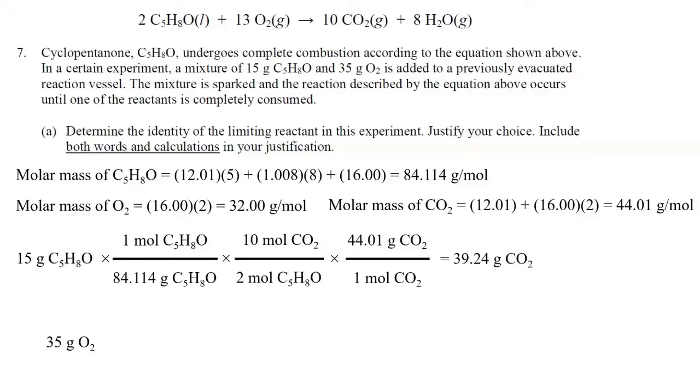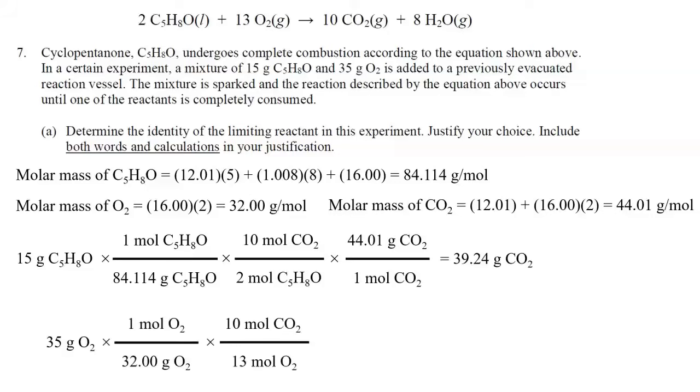Let's start with the other reactant. First grams to moles, then from moles of O2 to moles of CO2, and then to grams of CO2, and I get a different value. When comparing these two values, for grams of CO2, it is the smaller number that I'm focusing on.